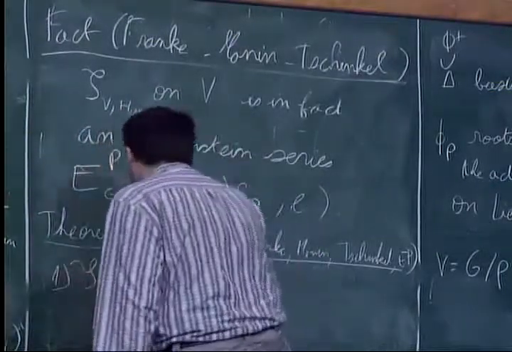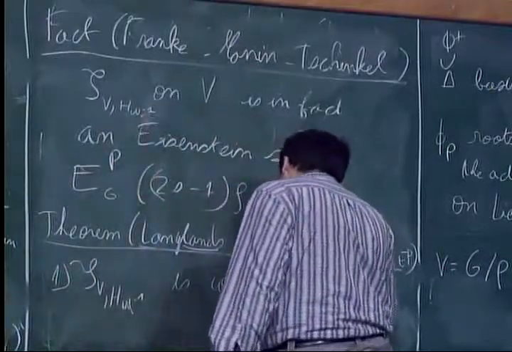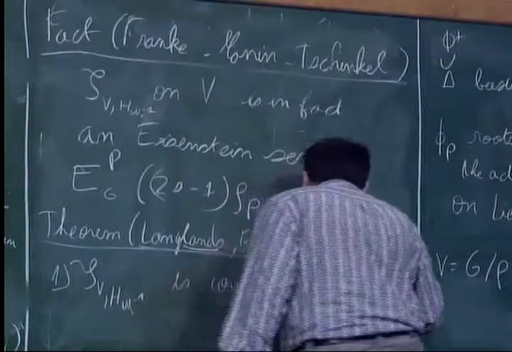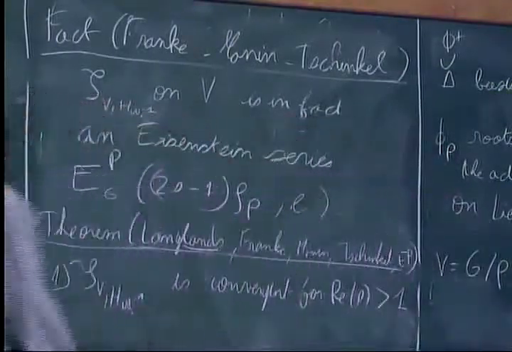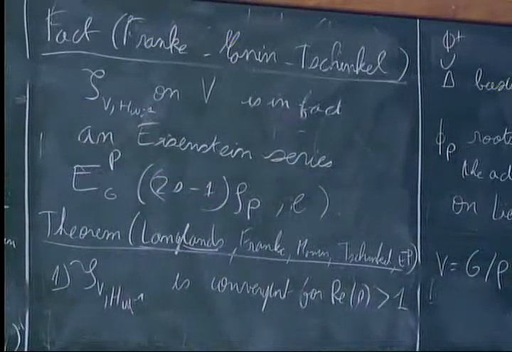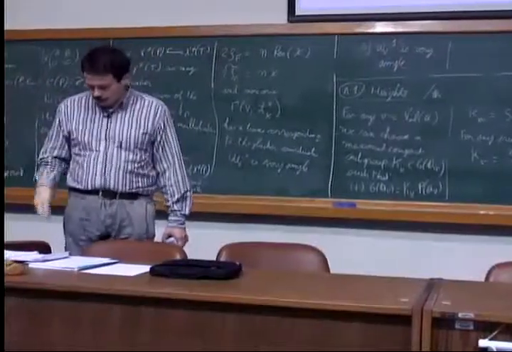first of all, it is convergent for real part of s bigger than 1. Which corresponds to saying that if you look at the number of points of bounded height on V for the anticanonical line bundle, then the behavior is some constant times B times logarithm of B to some power.